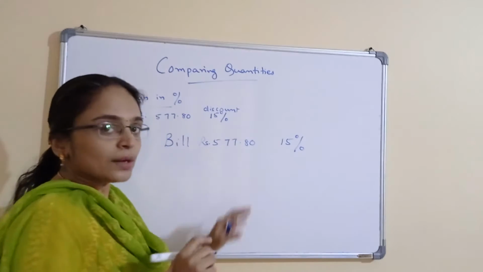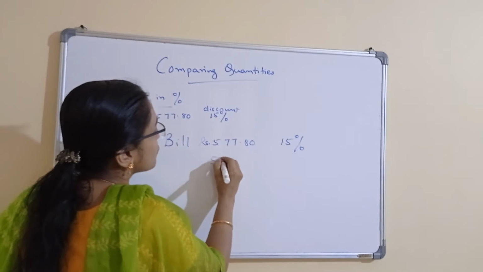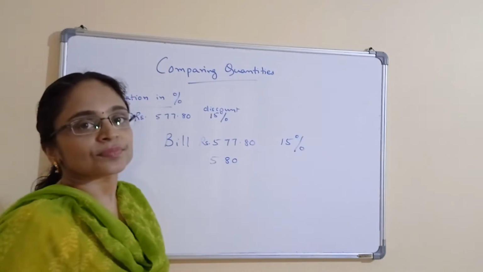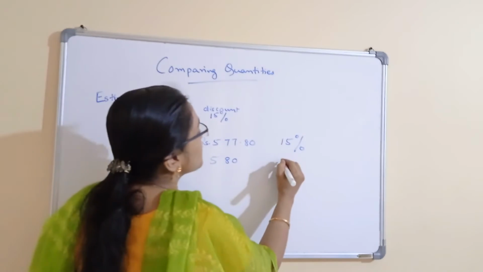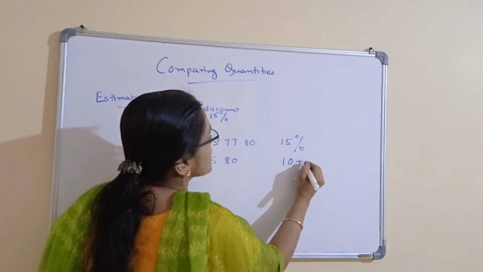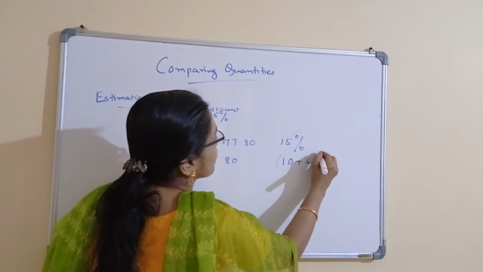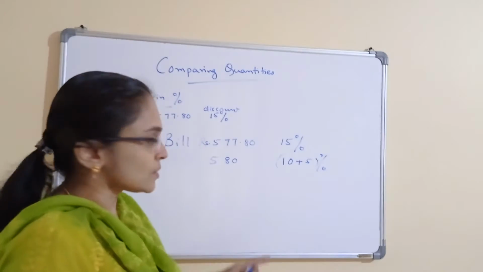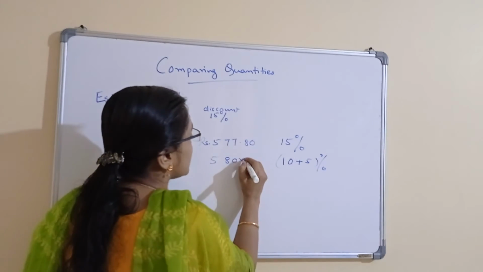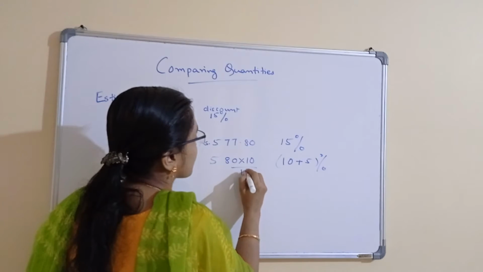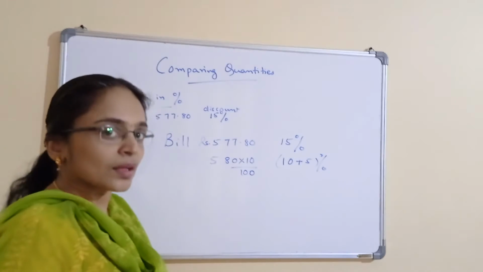Now what you can do is round it off to 580. Okay, and first this 15% can be split as 10 plus 5%, right? So if you are taking 10% of this, it is into 10 by 100, right?